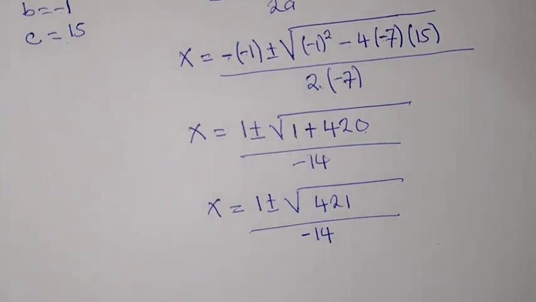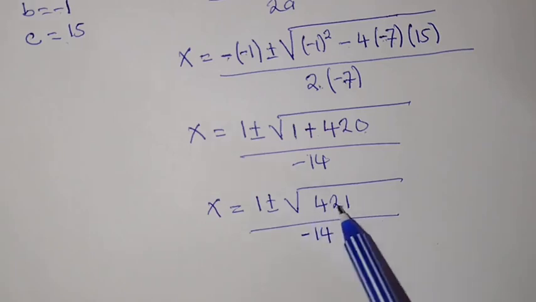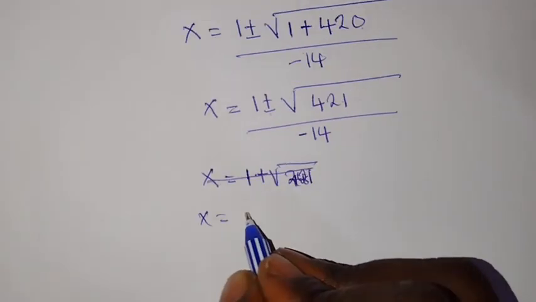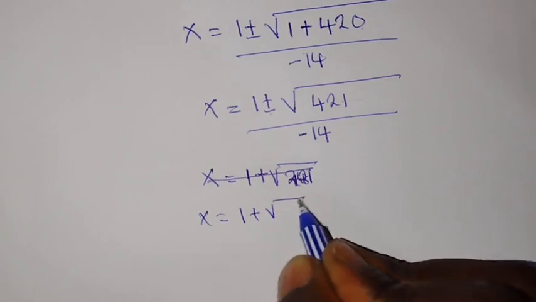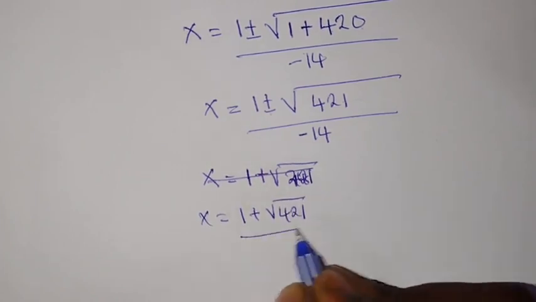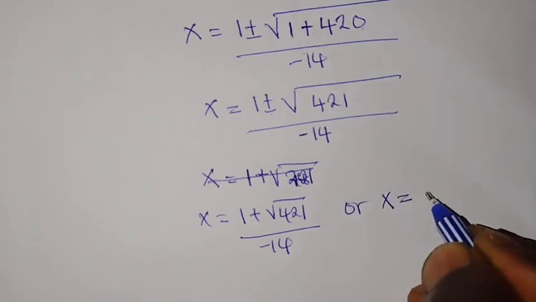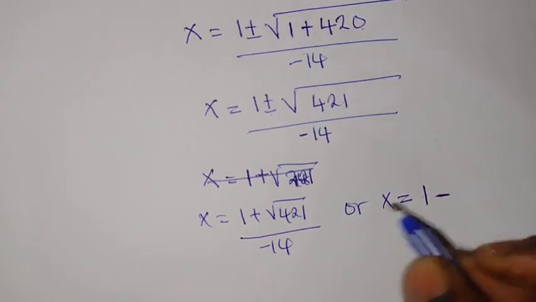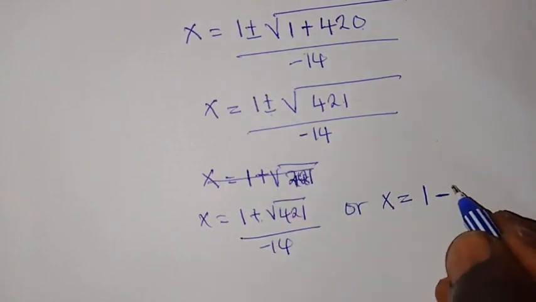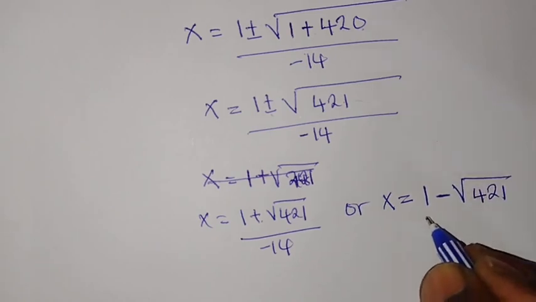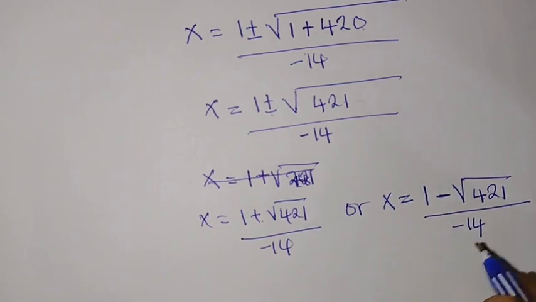421, that's what we're having there. Okay, so this value doesn't have the perfect square root. Okay, so what you can do is we can say x is equal to 1 plus the square root of 421 over negative 14, or x equal to 1 minus, so I use the plus, I'll get a minus the square root of 421 over negative 14.